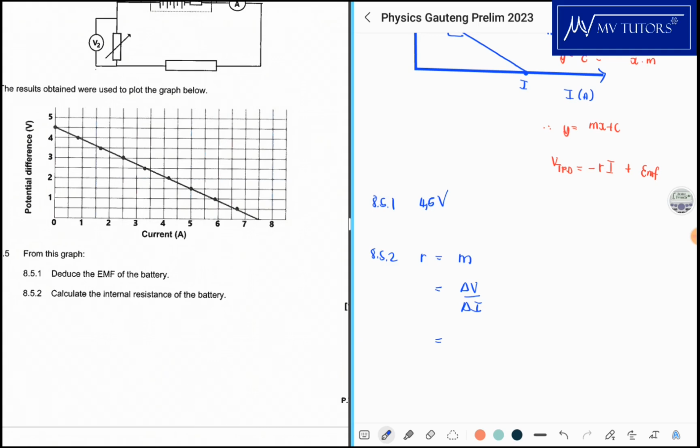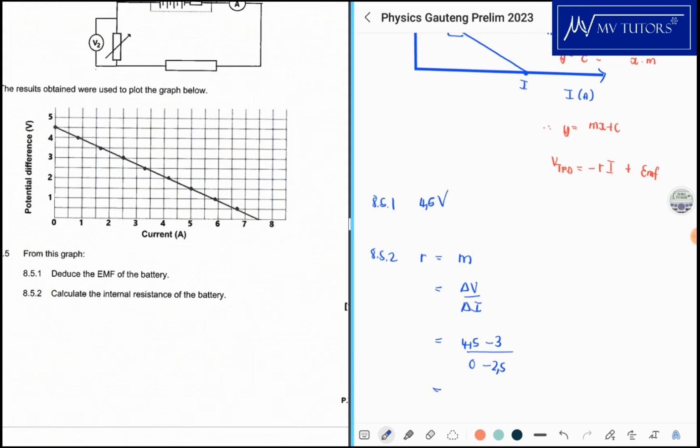On the y-axis, I'll choose 4.5, and the current there is 0. Then let's choose another point that is not difficult. I'll go with 3, and for a potential difference of 3 volts, I get the current to be 2.5.